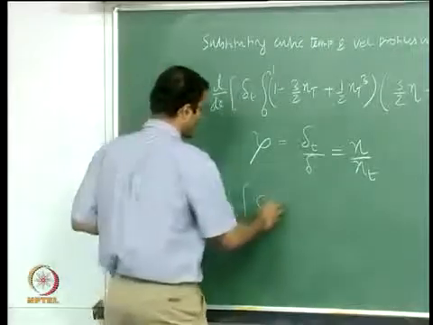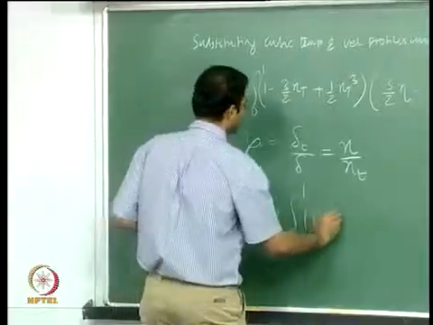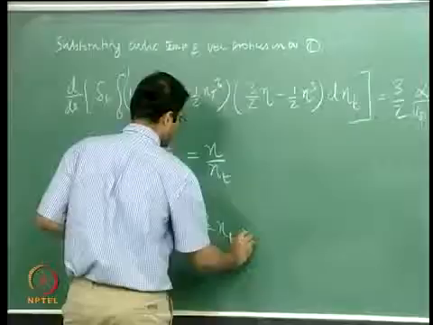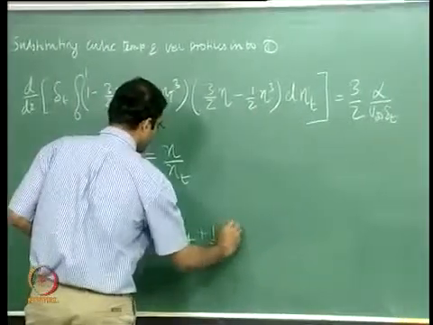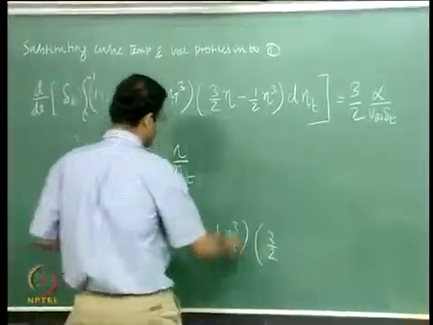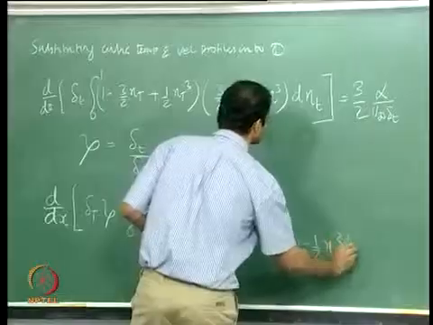So this will be delta t zeta, and inside the integral you have 0 to 1 of 3 by 2 eta t minus 1 by 2 eta t cube, into 3 by 2 eta t minus 1 by 2 eta t cube, d eta t.